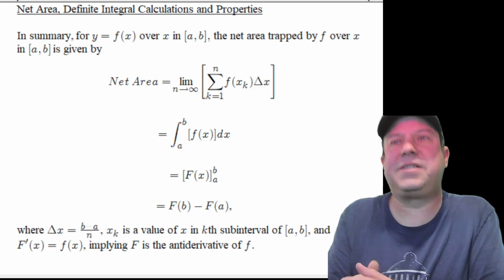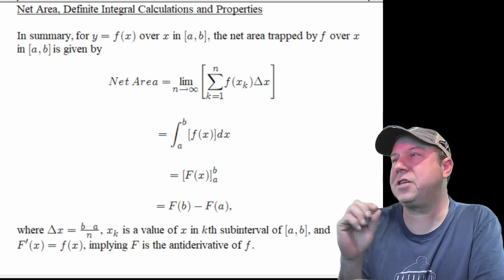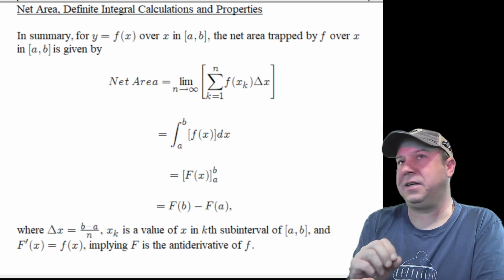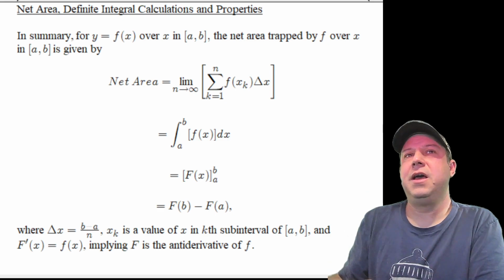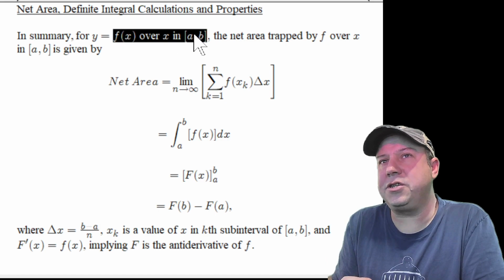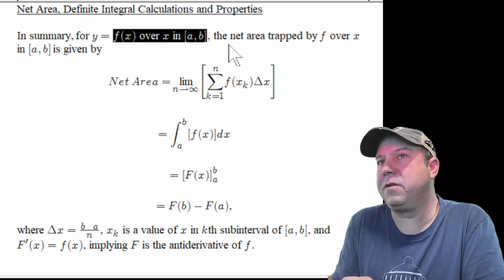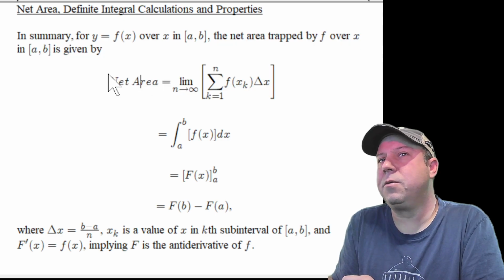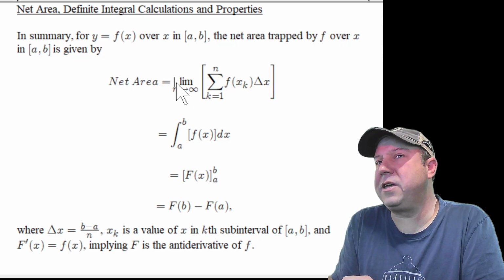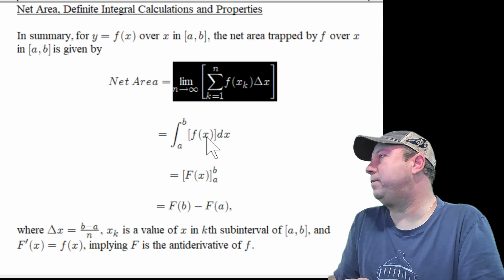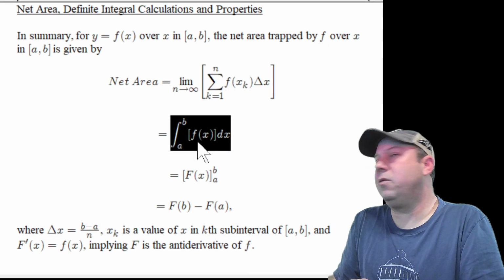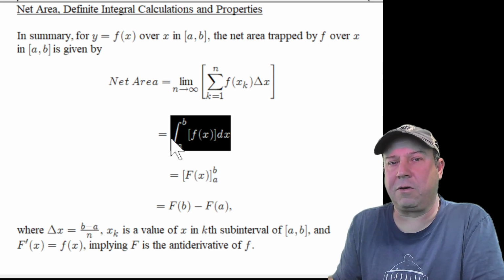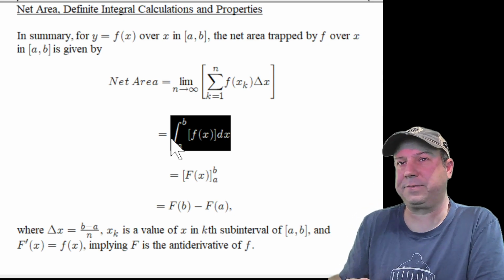Again, just to summarize, we've made a connection to several ideas here, folks, if you take note. In summary, for a function over some values of x in the interval from a to b, the net area trapped by f over this interval was given by that limit of the Riemann sum, which we noted was also defined by what we call the definite integral of our function from a to b.